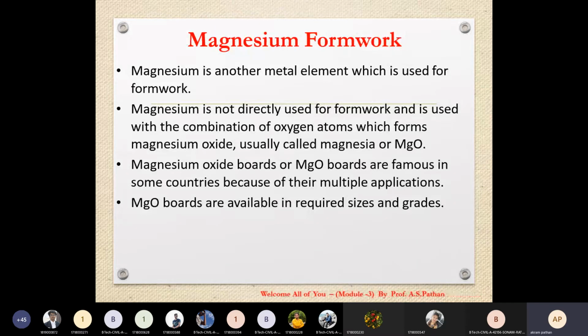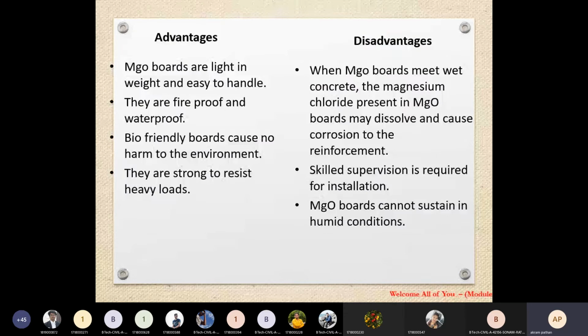MgO boards are famous in some countries because of their multiple applications. MgO boards are available in required sizes and grades, and this is comparable with the plywood formwork.